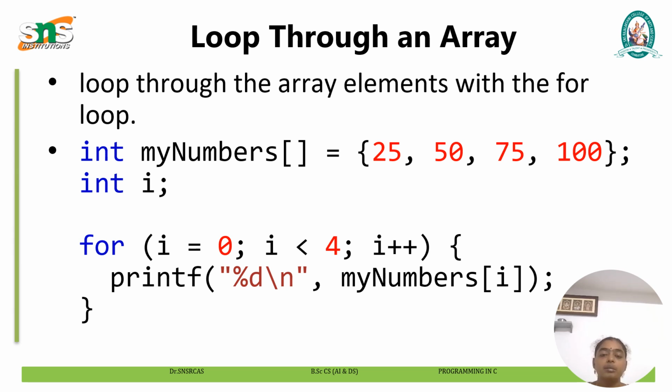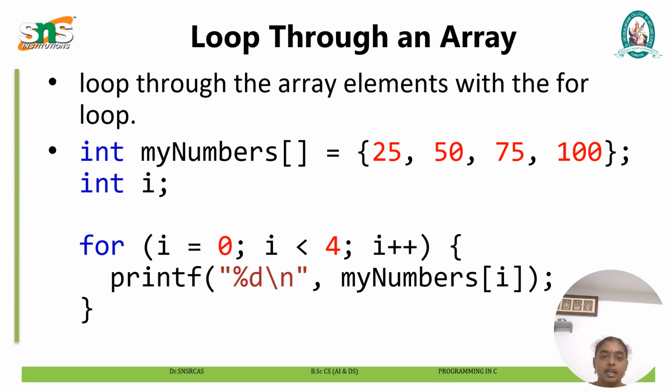The next increment of i checks the condition and displays the third value, 75. Next increment prints the output 100. With the help of a for loop statement, we display the array elements on the screen.